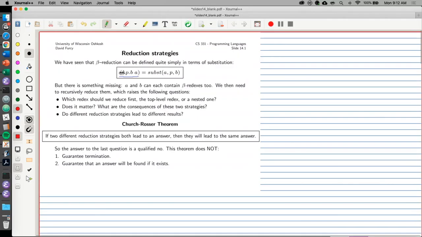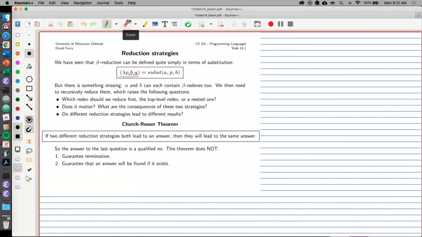But there's something missing here. Because the b and the a can be any lambda expression as complex as you want them to be, there could be a beta redex inside of the b, and there could also be a beta redex, or many of them, inside of a. So the question is, when there are several beta redexes in an expression, which one do you reduce next?